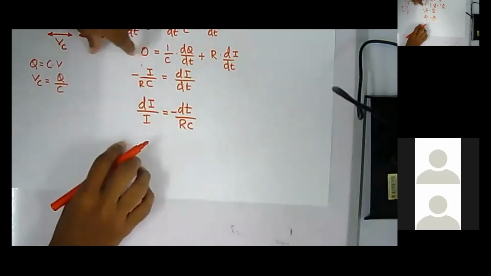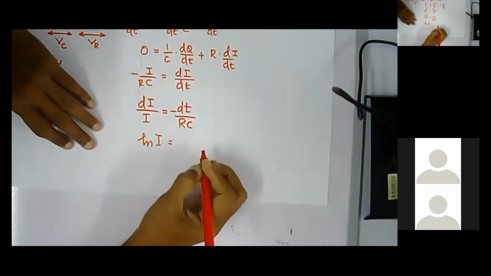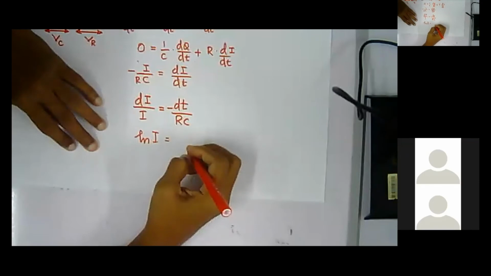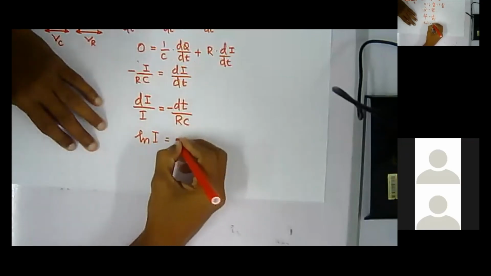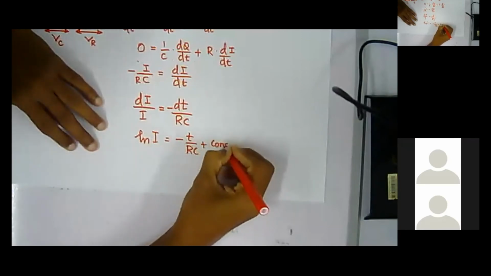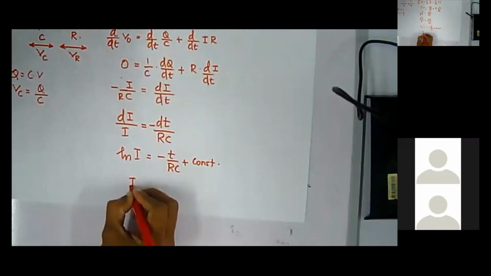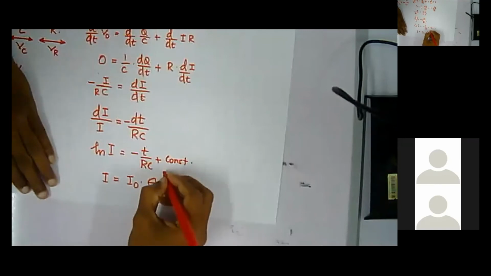Now, what is the integral of di over I? That becomes ln I. So ln I equals, if you integrate dt over RC, minus t by RC plus a constant. At t equals 0, the current is I naught, so I can write I equals I naught into e to the power minus t by RC.